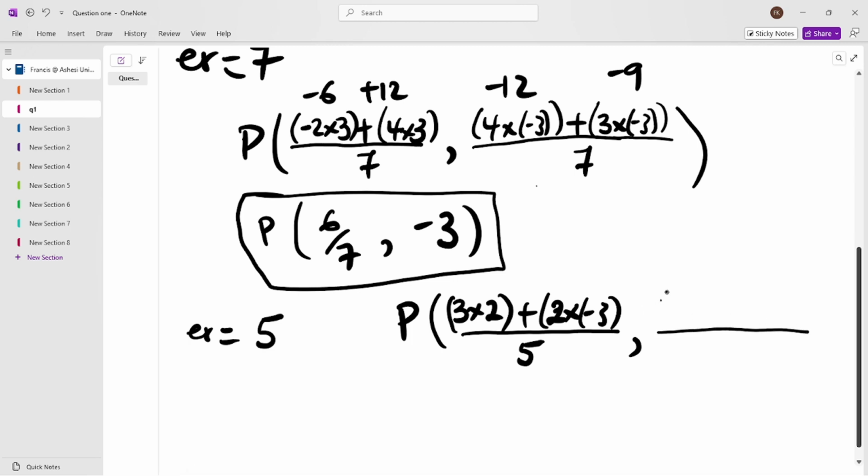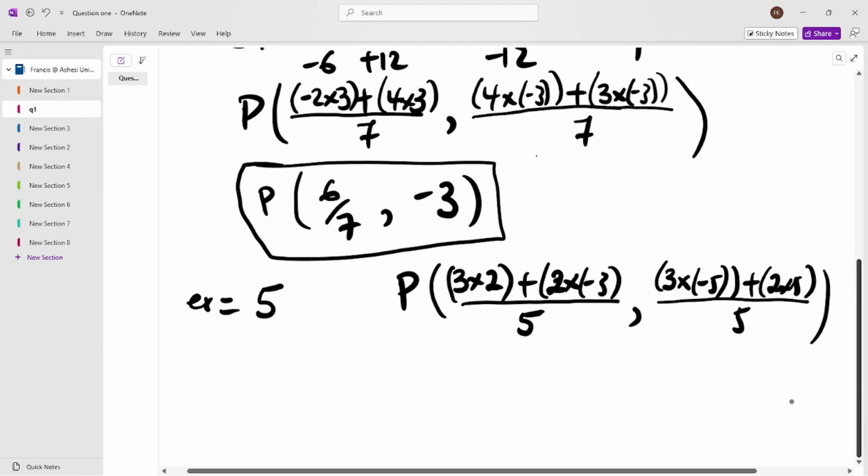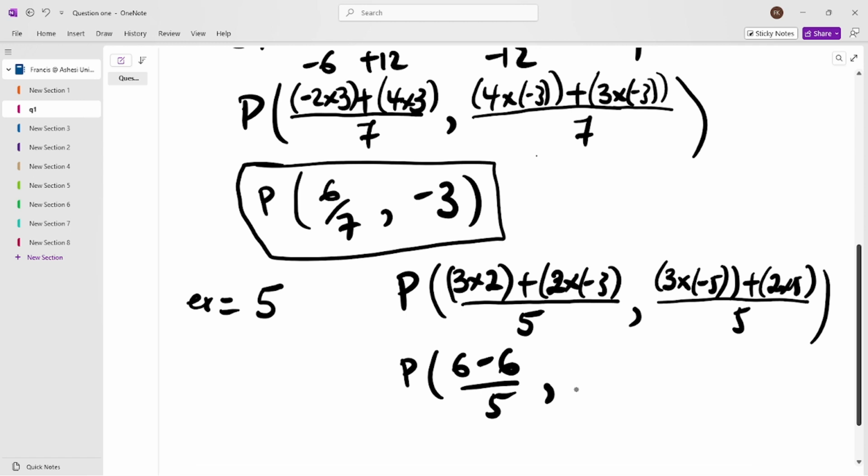3 times negative 5 plus 2 times 5, which is 6 plus 9, all over 5. 2 times negative 3, which is negative 6.